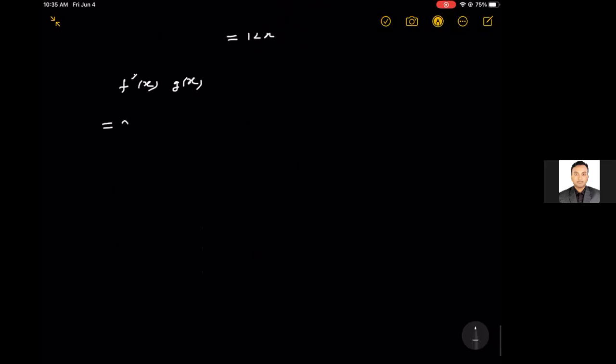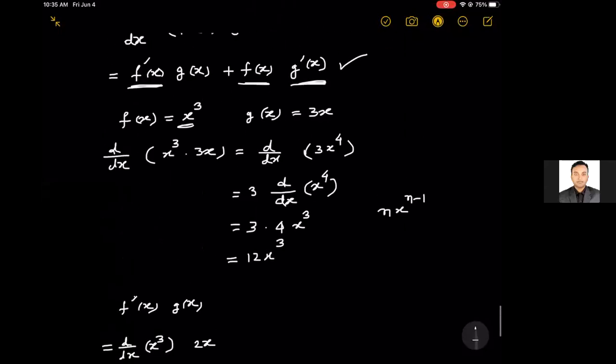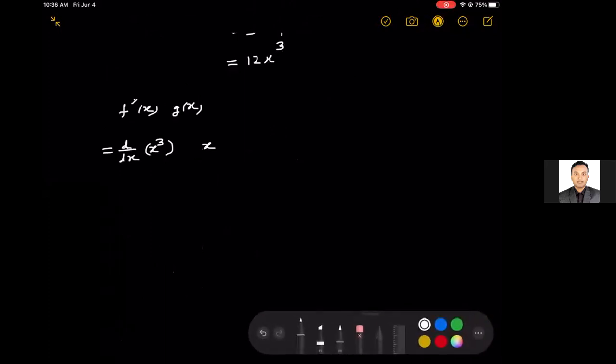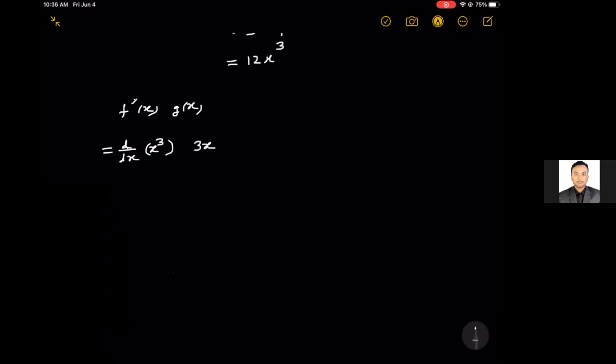What's the derivative of x cubed? We'll keep 3x. g x was 3x, sorry about that. As I said, g x will be kept as it was. We'll just find the derivative of the first one.